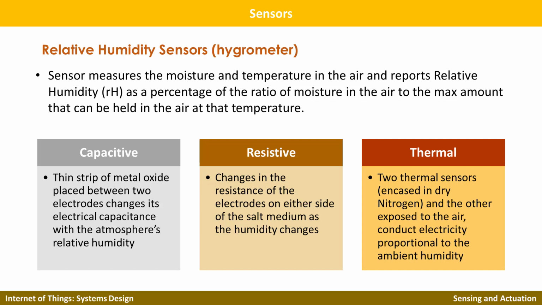In thermal relative humidity sensors, 2 thermal sensors conduct electricity based upon the humidity of the surrounding air. One sensor is encased in dry nitrogen while the other measures the ambient air. The difference between the 2 measures the humidity.